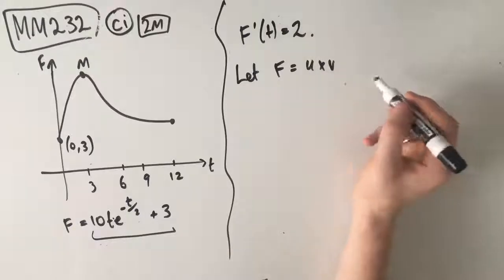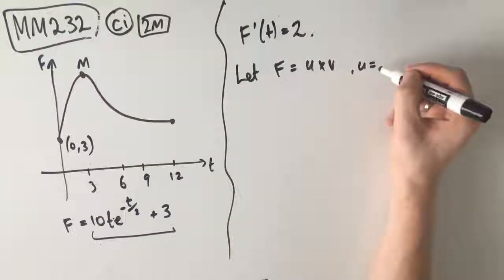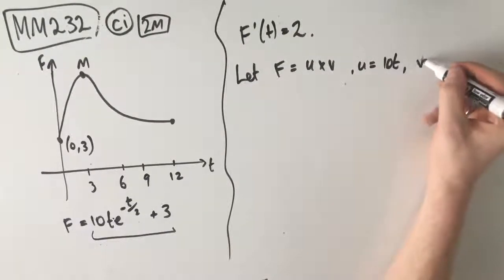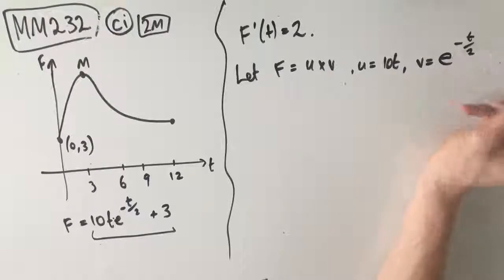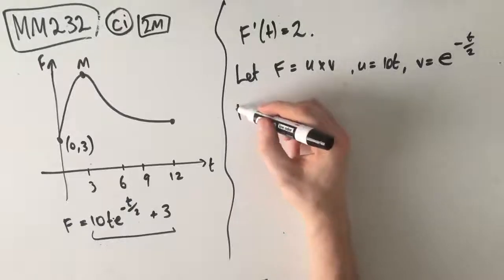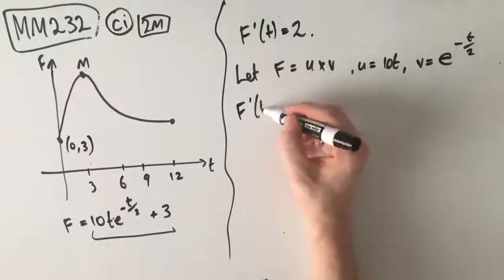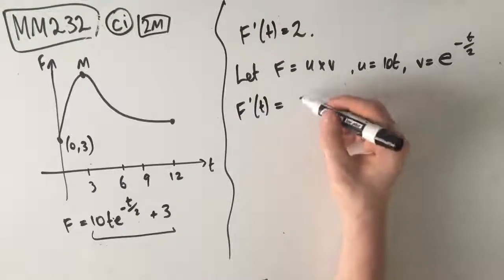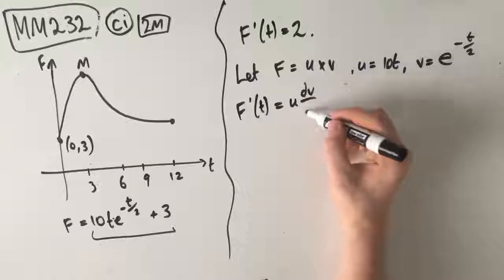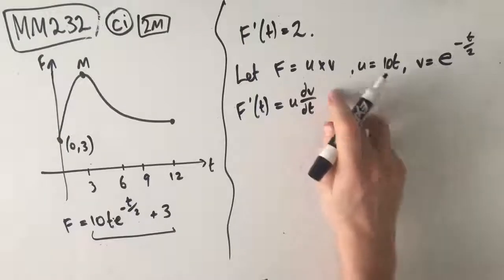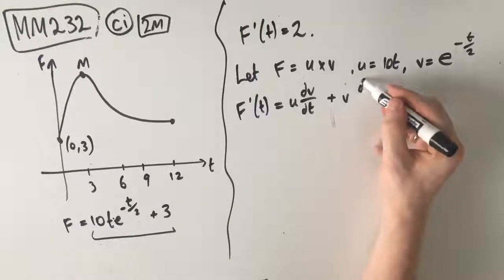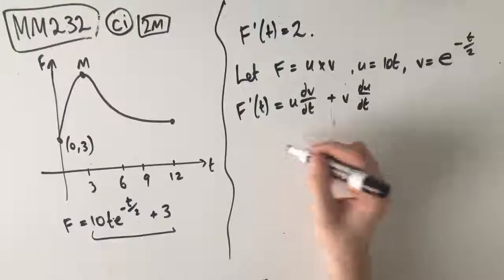So we let f equal u times v, where u equals 10t and v equals e to the negative t on 2. So f dash of t, or df dt, equals u times dv dt plus v times du dt. Cool.